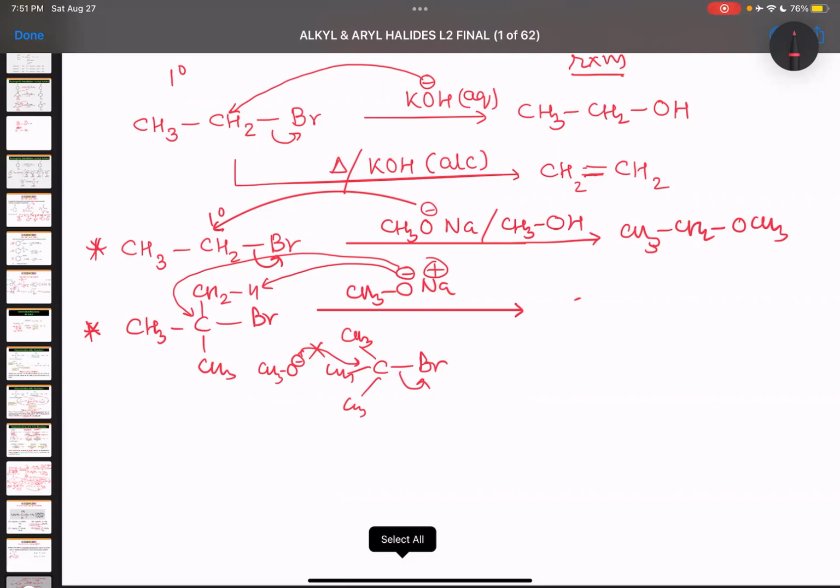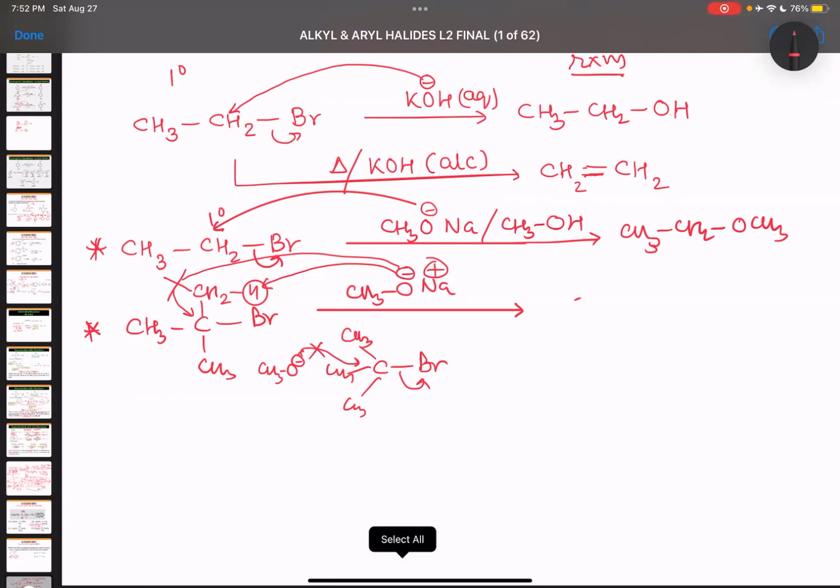Because in a tertiary substrate, the carbon is very much crowded. Yeah, so it will not substitute. Yeah, that is correct. So then what will happen? Elimination can happen easily. In elimination, I'm cancelling out substitution because the carbon is bulky, but elimination can happen.